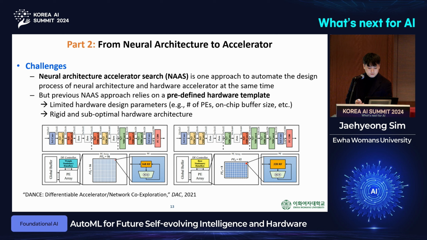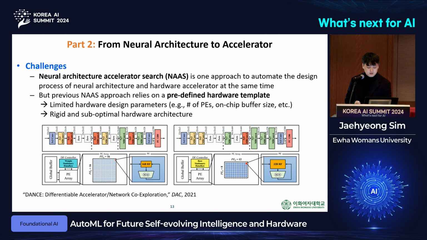Challenges for this kind of approach are that we had neural architecture accelerator search in the first part of the research, but they all rely on a predefined hardware template. Not only the previous approaches, but also our work used a predefined hardware template.